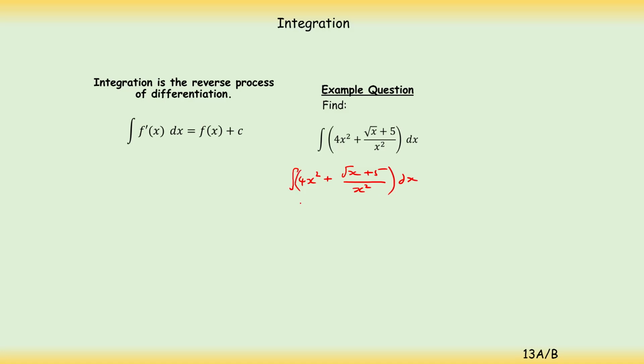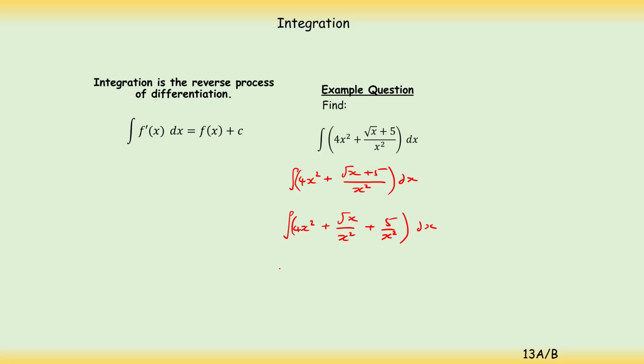So we need to simplify this term. So it's the integral of 4x squared, which is fine, plus the square root of x divided by x squared plus 5 over x squared. By separating the terms, it makes it easier with respect to x.